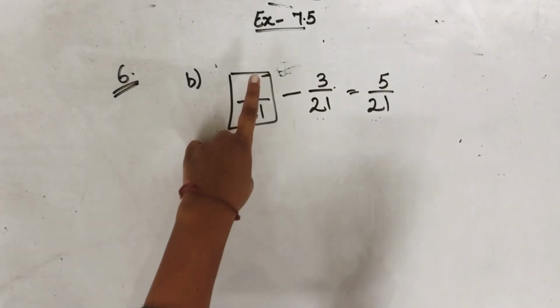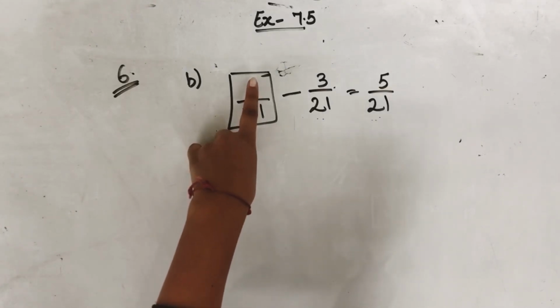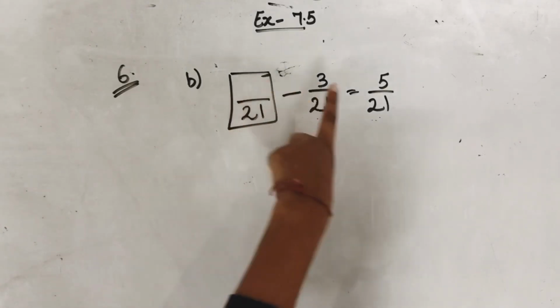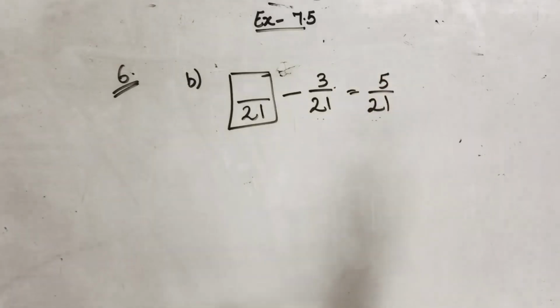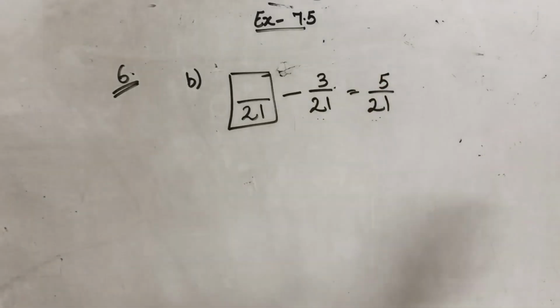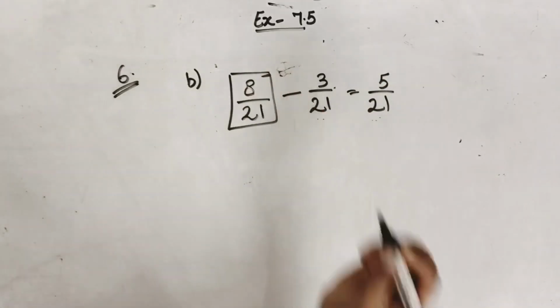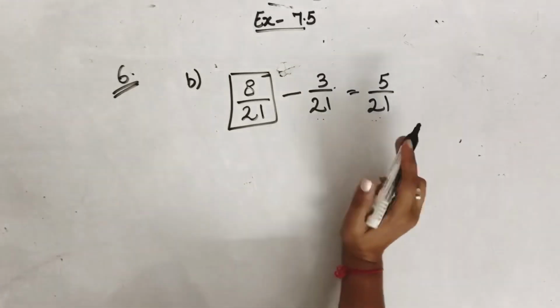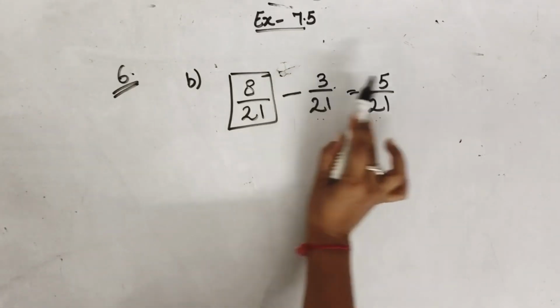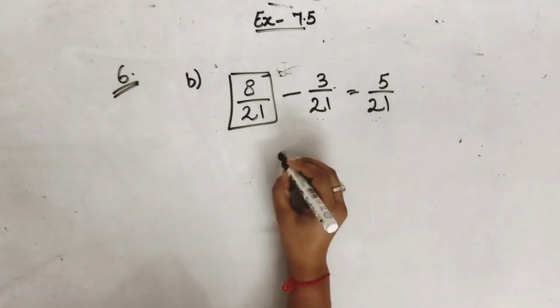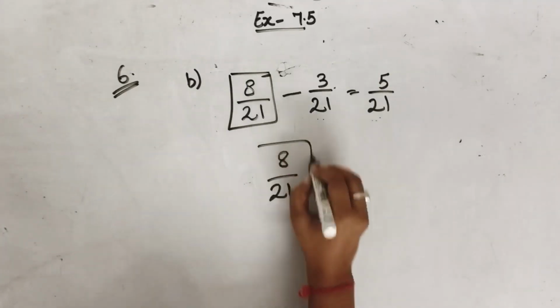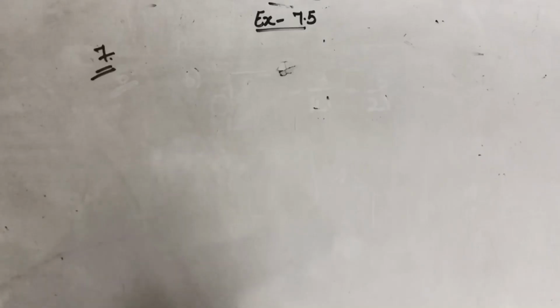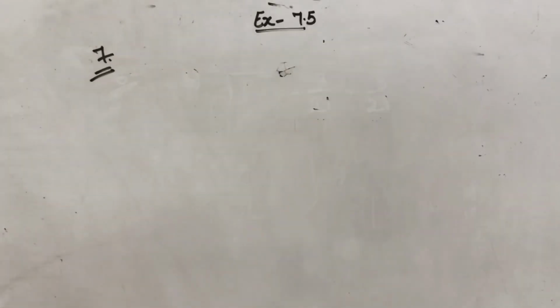Write the numerator. You have to see from which number you subtract 3 to get 5. You will subtract 3 from 8 to get 5, because 8 minus 3 is 5. So the answer is 8/21.